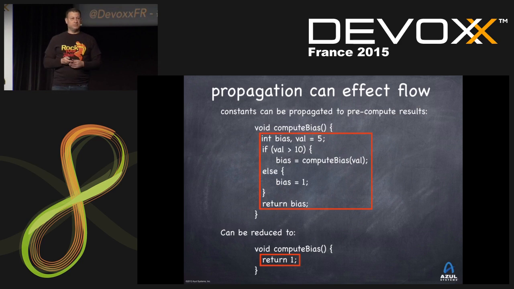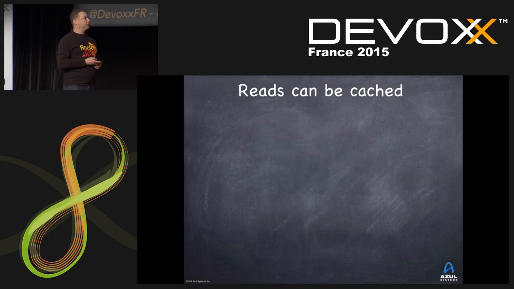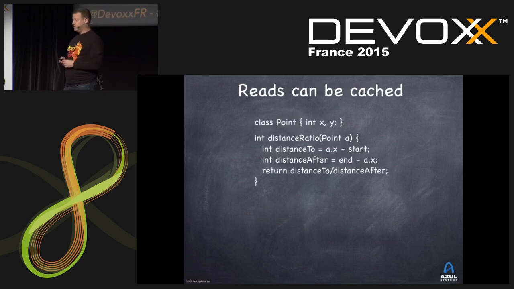Now, let's look at some other simple things that the compiler is allowed to do. Some of these might be surprising to people or might change what you think your program does. Let's take this simple program where we read a.x on 2 different lines of the code, right?